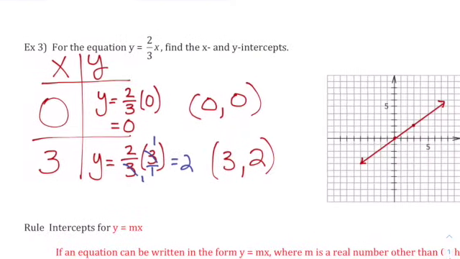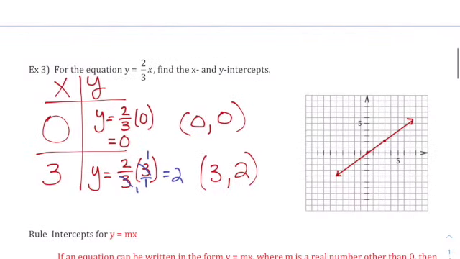So now, the rule for intercepts of y equals mx, which is the equation we just graphed. If an equation can be written in the form y equals mx, that means no other attachment, only a number in front of x and they are multiplying, where m is a real number other than 0, then the x-intercept and y-intercept are at the origin, 0, 0.